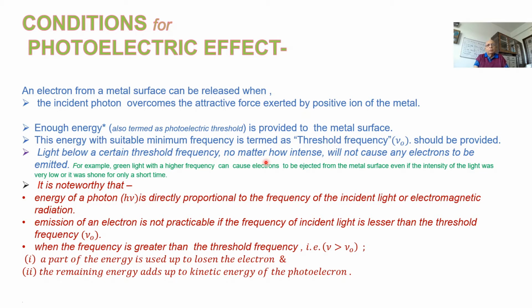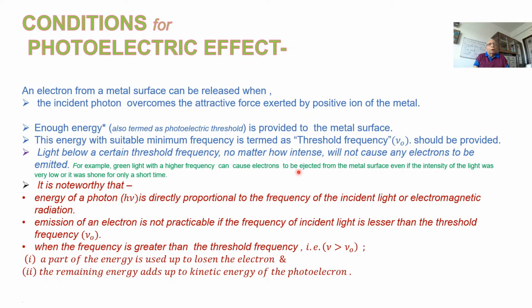And for this, there should be a proper frequency of light with which the light should strike the metallic surface. And that minimum frequency, which causes photoelectrons to be emitted by a light, is known as nu naught.